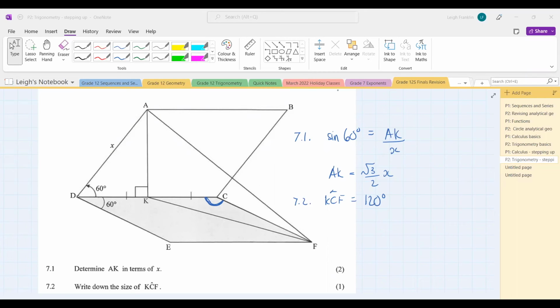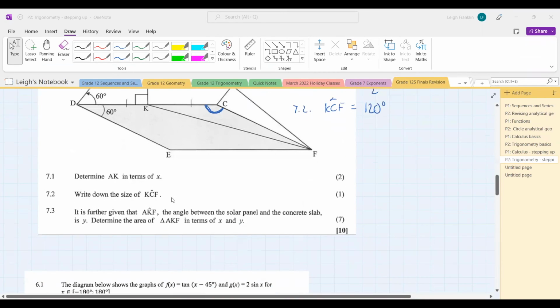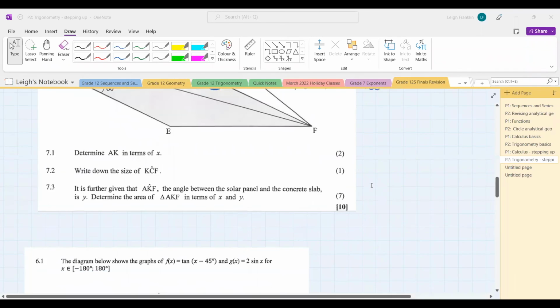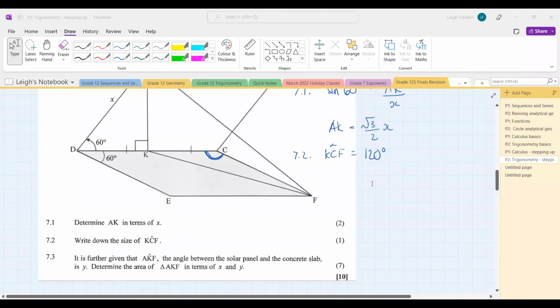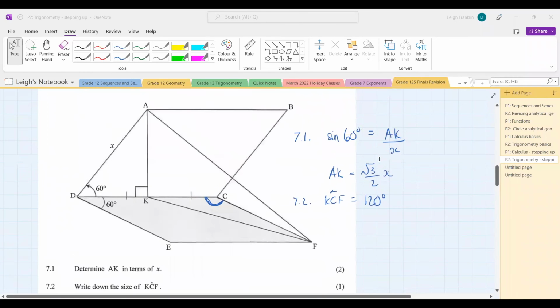Okay. So now let's talk about question 7.3. If it is further given that AKF, so where's AKF? In other words, this angle over here, AKF.